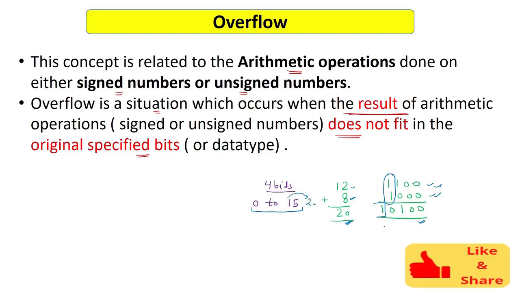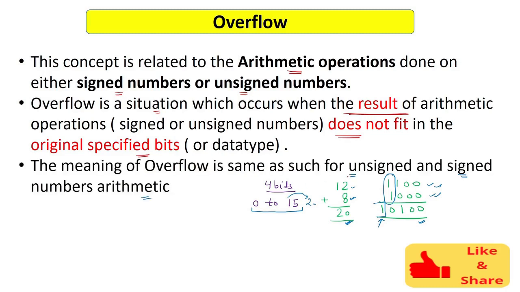So this carry out bit shows the overflow in unsigned arithmetic, which we have already seen. The meaning of overflow is the same in unsigned numbers arithmetic and signed numbers arithmetic. In this unsigned case, we have 4 input bits for both the numbers, but our result was coming in 5 bits.